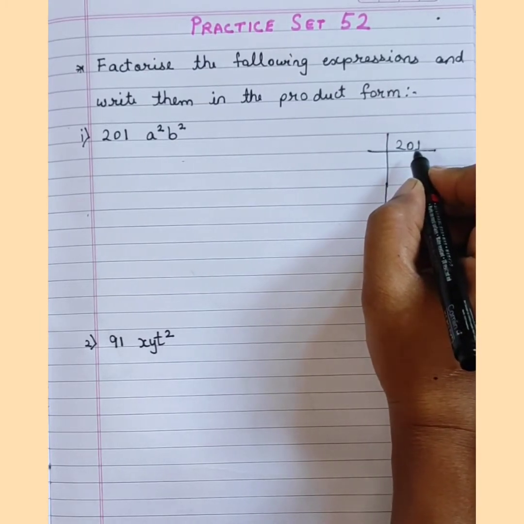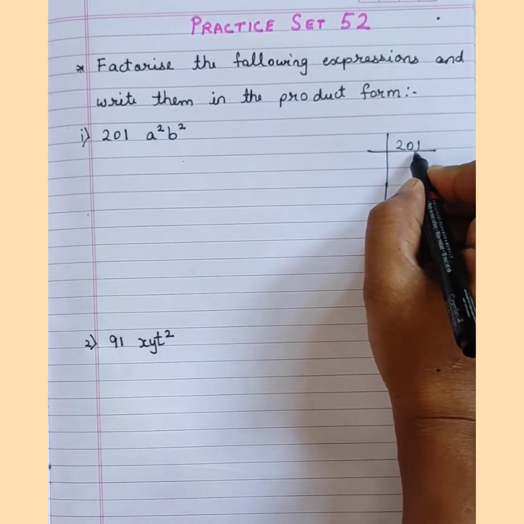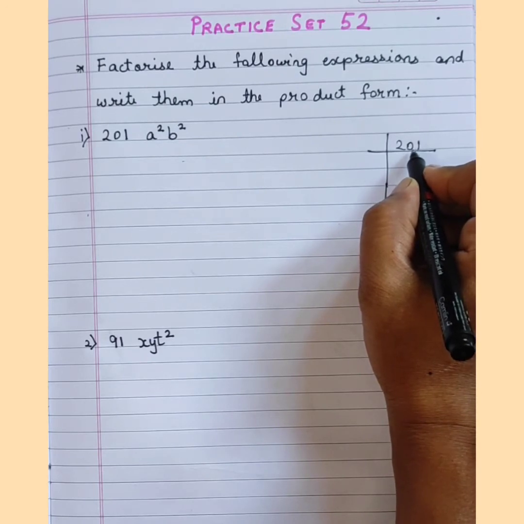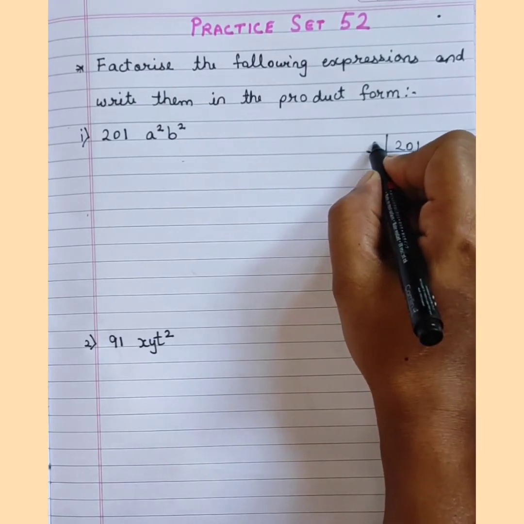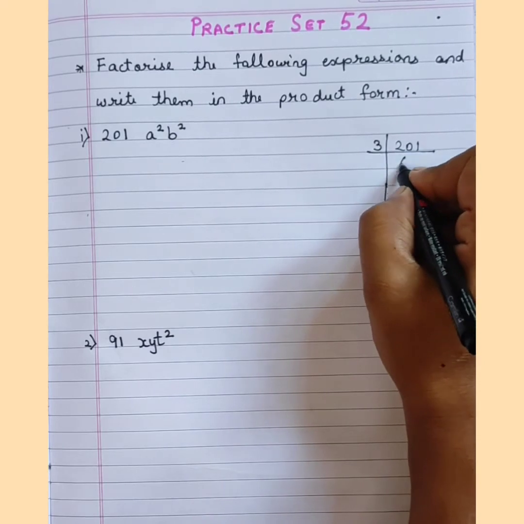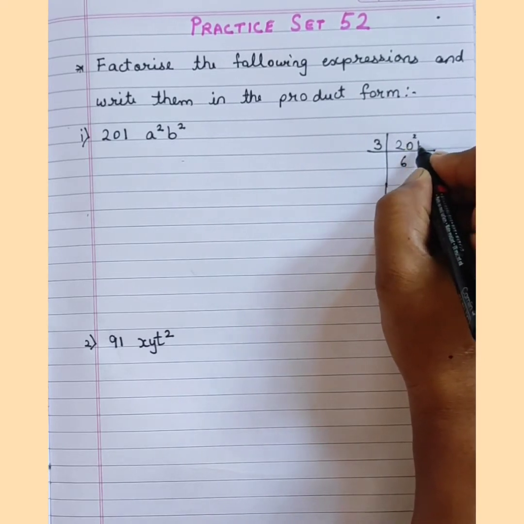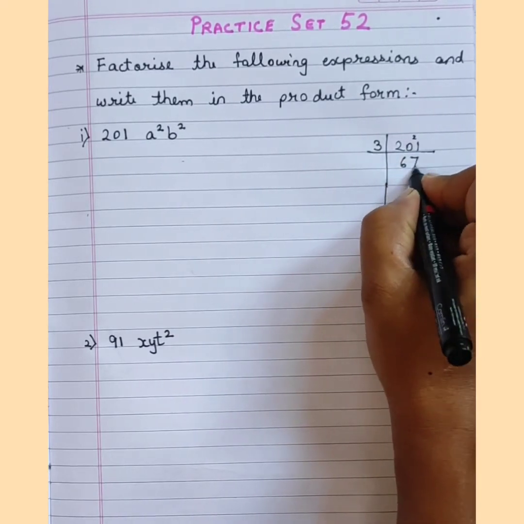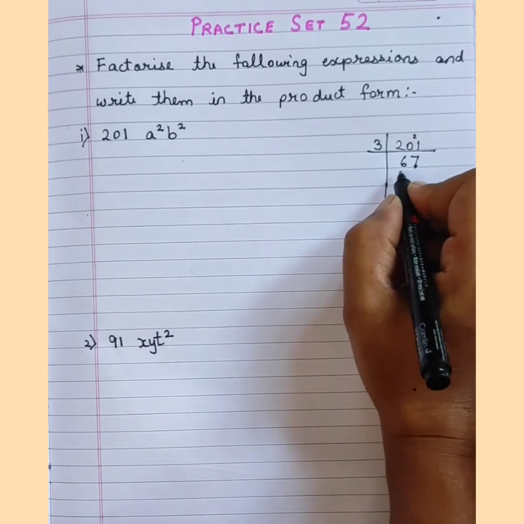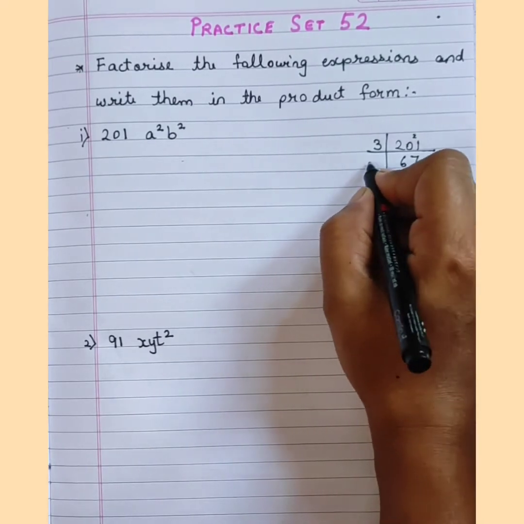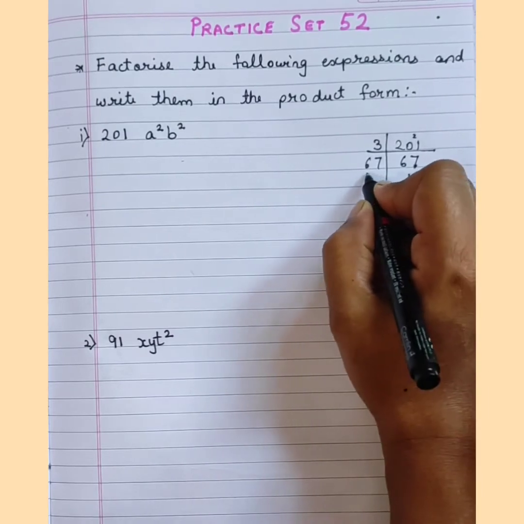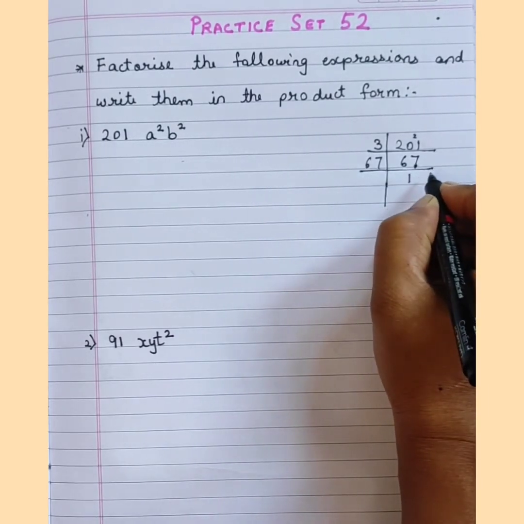It can go in the table of 3. That is 3 6s are 18, carry 2, that is 21. So 3 7s are 21. Again, 67 being a prime number, 67 1s are 67.